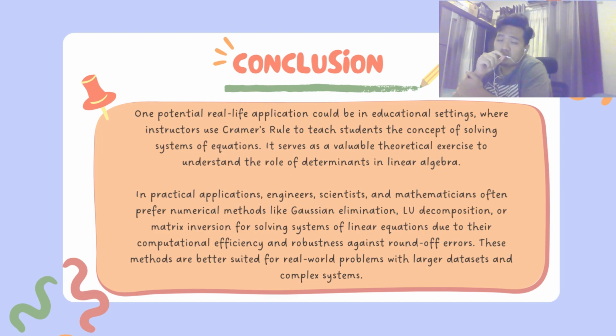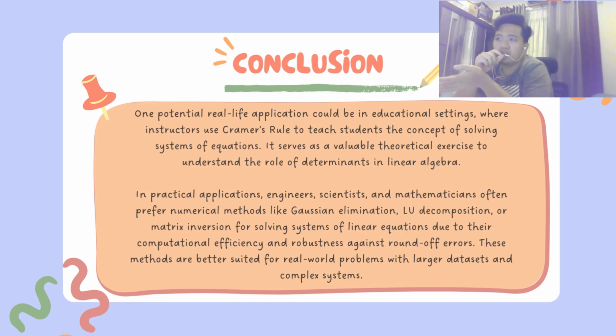It is where an instructor, a teacher or a lecturer uses Cramer's rule to teach their students the concept of solving a system of equations. They teach their students using Cramer's rule to solve an equation, and it serves as a valuable theoretical exercise to understand the role of determinant in linear algebra.